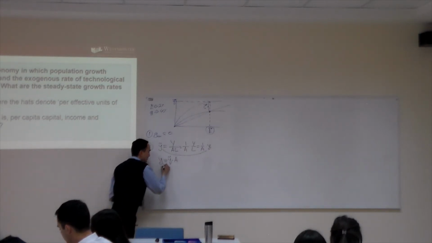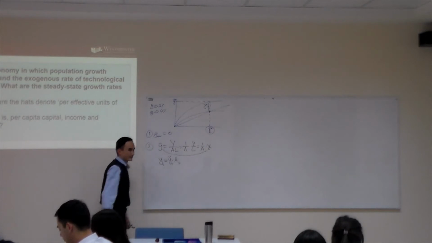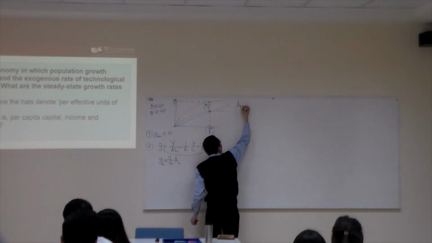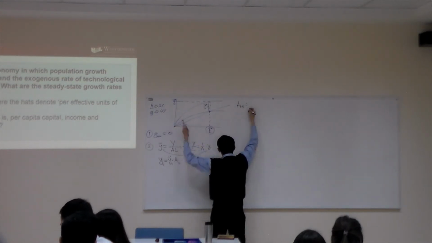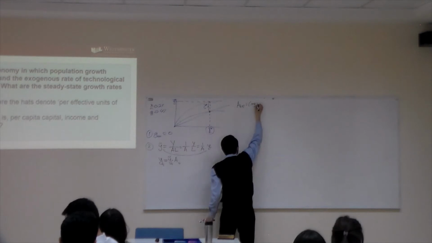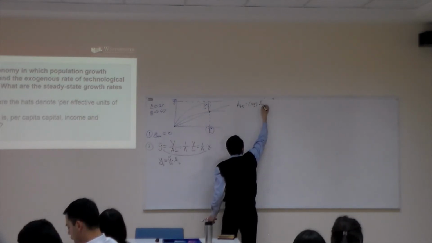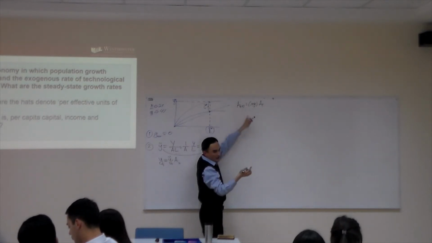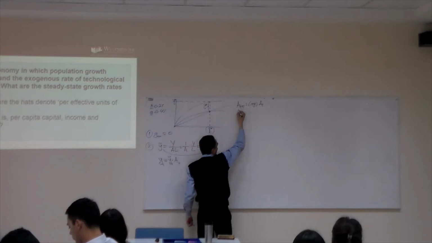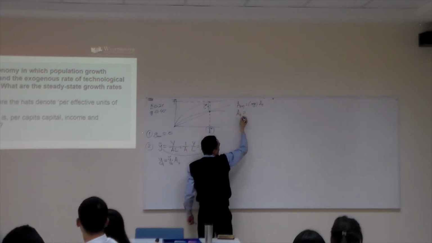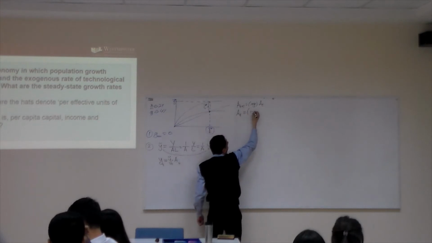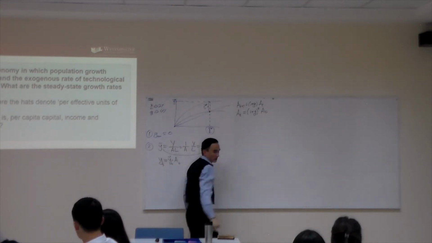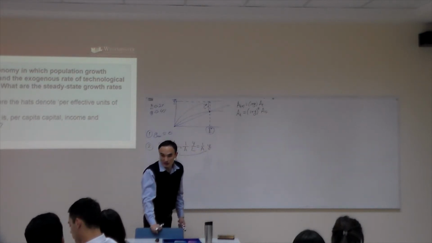Let's consider discrete time. We know that our technology for the next year is equal to, because growth is given, 1 plus g times technology of today. Or if you would like to find for any year, we have the generalized formula: technology at time t is equal to 1 plus growth rate of technology in the power of t times initial level of technology, which we derived in our seminar 1.